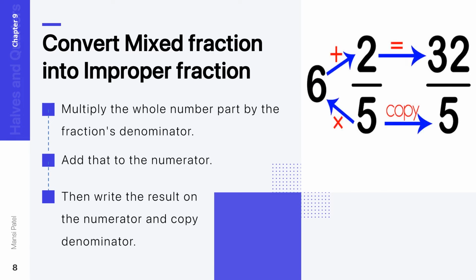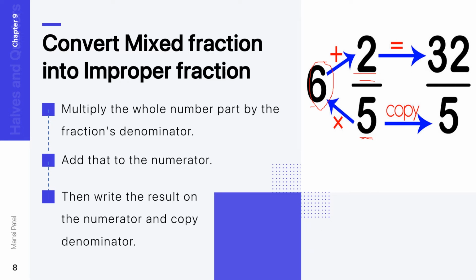See here, your question is, your mixed fraction is 6 integer 2 upon 5. Now this 6 is known as the whole number, 2 is the numerator and 5 is the denominator. So first step, what you have to do?